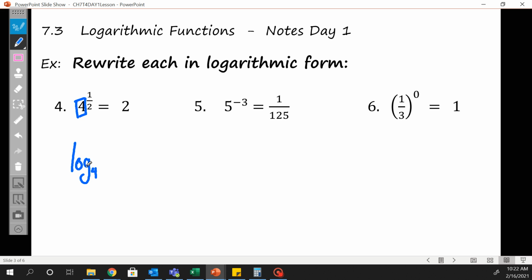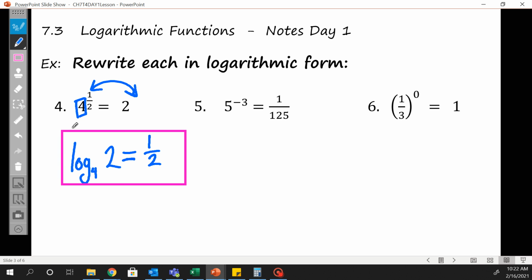So log base 4, except these numbers should switch, the 1/2 and the 2. So instead of 4 to the 1/2, it's log base 4 of 2 is equal to 1/2. Now, does this ask the correct question? 4 raised to what power is 2? 4 raised to the 1/2 power is 2. And that's correct.